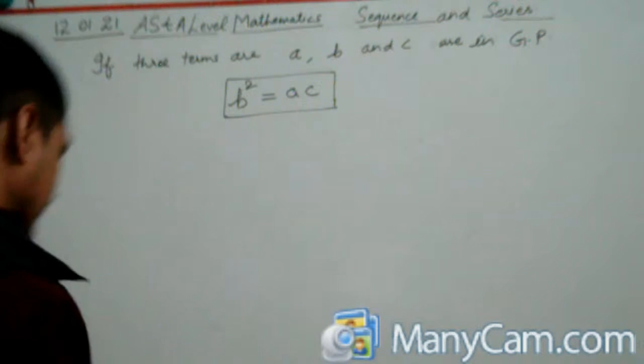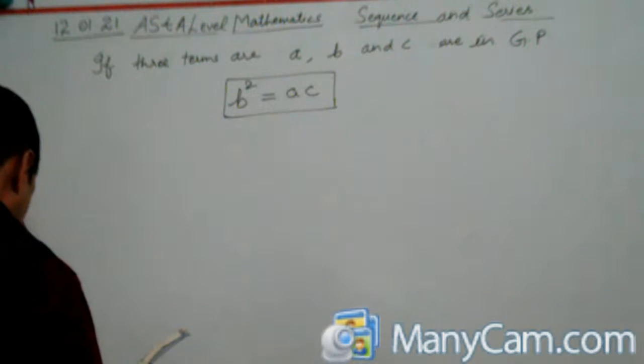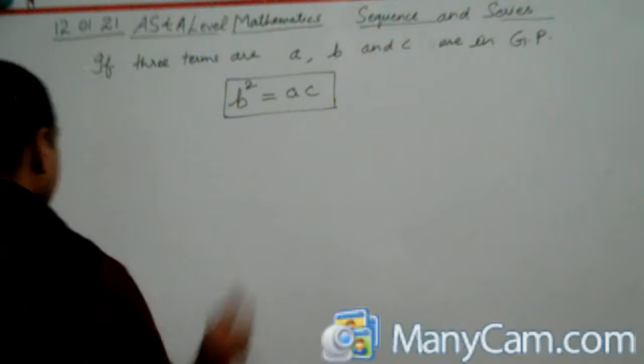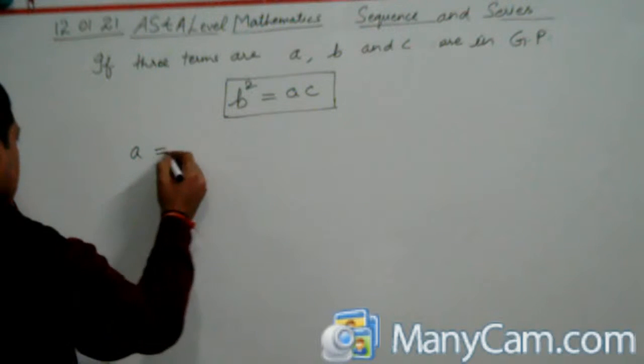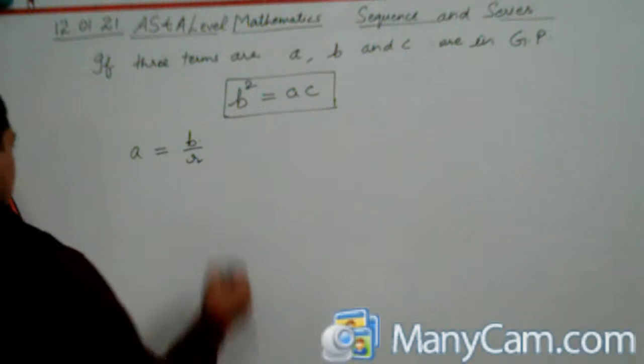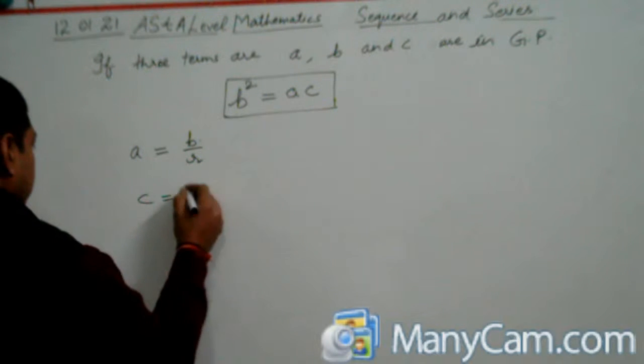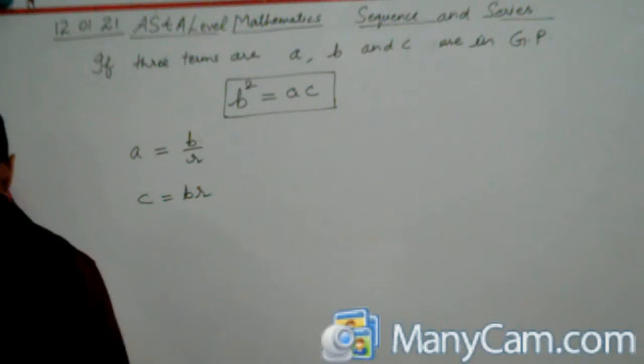Okay. Next, we have here, what is A? A is equal to B upon R, that is the common ratio. And C is equal to BR, right?